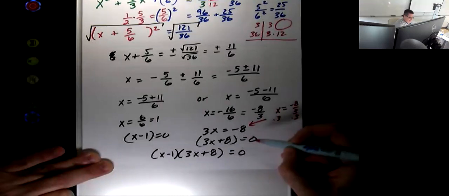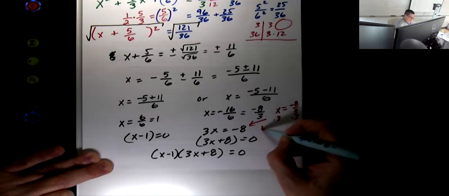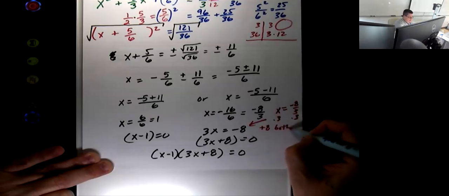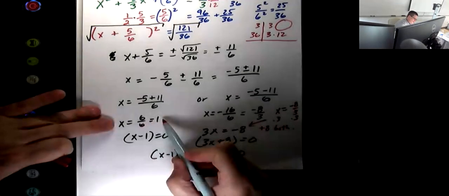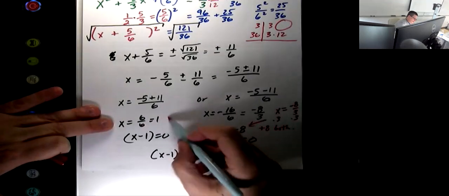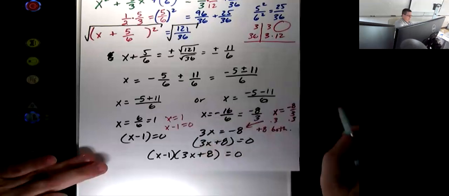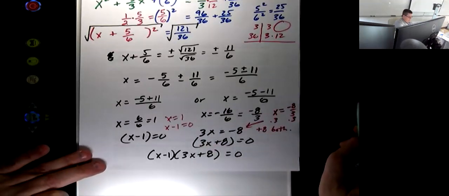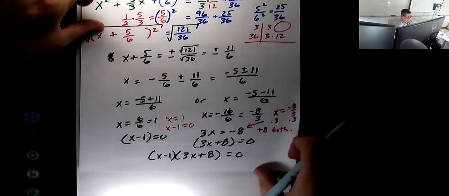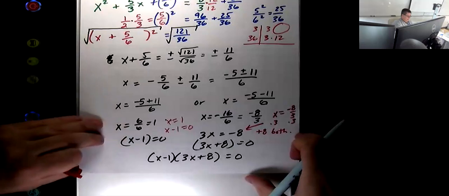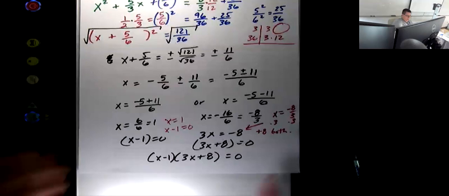Then what we want is to get 0 on one side, so to get 0 on one side, we'll add 8 to both sides. And we get that. Here we had x equals 1, there was no fraction to clear, so I just subtracted 1 over to the other side to get the x on one side, 0 on the other. I think it's shorter.